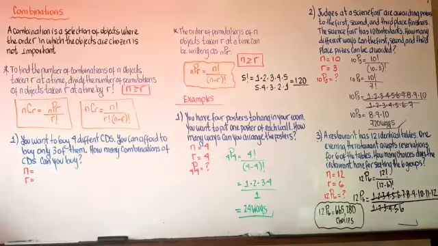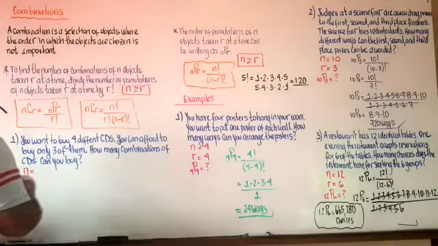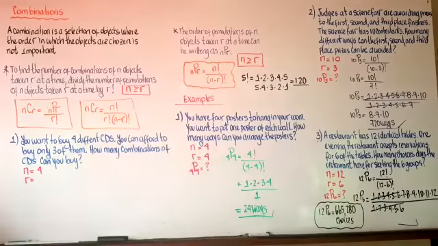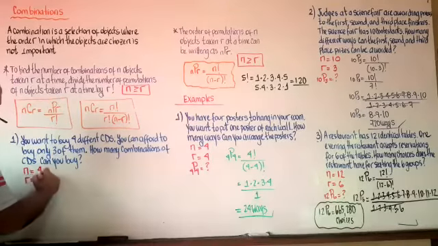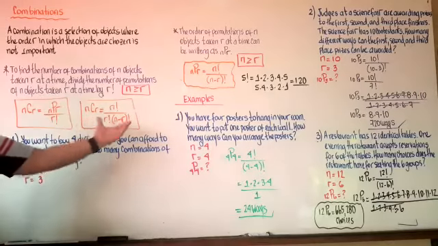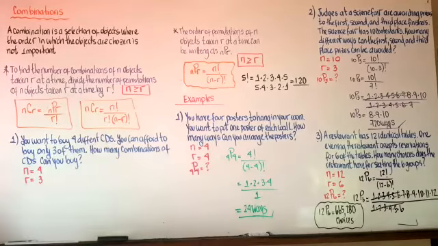What could be the value of n? 4, exactly, because it's the quantity of CDs in the store. And how many CDs can you afford? 3. For that reason, the letter r will be 3. Now, let's find the combination. Both formulas are the same. In the first one, you calculate the permutation and then divide by r factorial. In the second one, we can replace everything at once. My advice is to use the second formula if you want a shortcut.